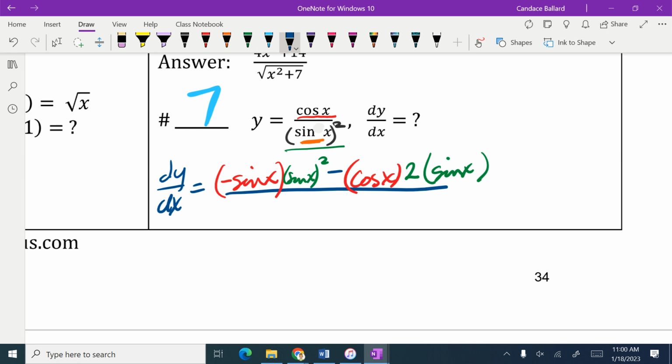Okay. I still haven't taken the derivative of the inside for the chain rule. What's the derivative of sine? Cosine x. And then I've got to do it all over the green. And what do I have to do to the green? Square. So sine x squared squared. I'm going to guess we don't have a pretty simplification on this one.